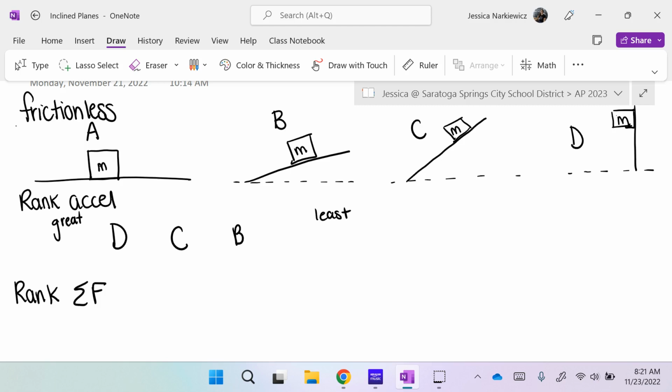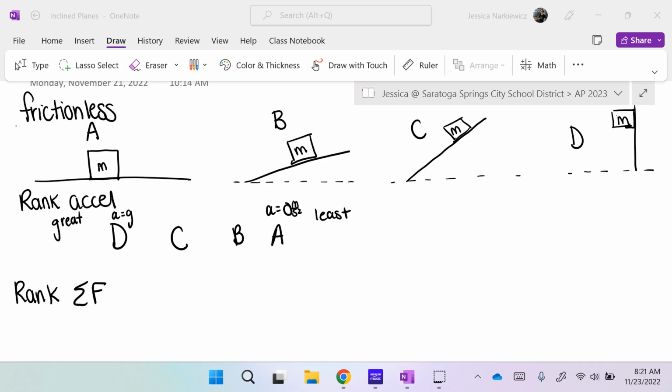A, because there's no net force, has 0 acceleration. And D is just going to fall straight down, which means D is in free fall, so D likely has an acceleration equal to g. C has something a little bit less than g, and then B is something a little bit less.